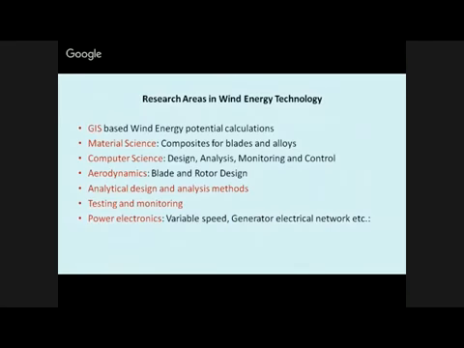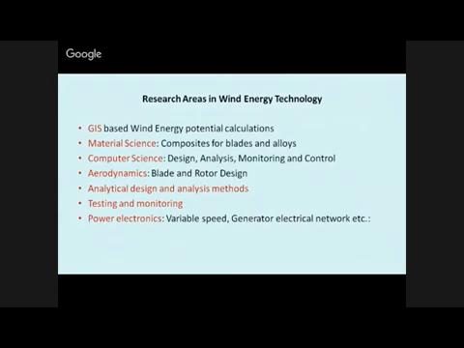Now, if you look at the research area, wind energy is an interdisciplinary type of research. Location we can find out from GIS, because we have indigenously sent a satellite into space, where GIS information for different locations will be very accurate, and GIS based calculations are now becoming an integral part of wind energy resource assessment.